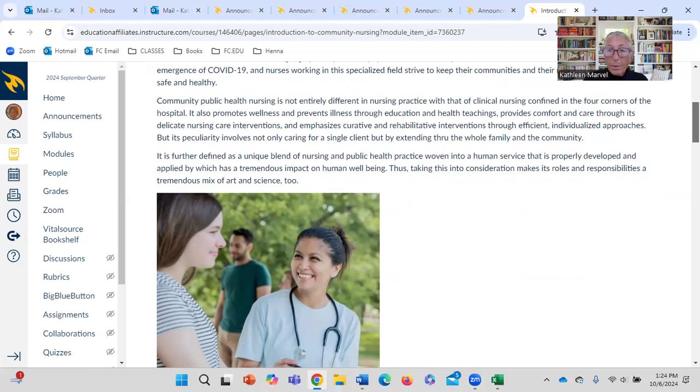If you're community-based, you're working in the community. You may be a hospice nurse, school nurse, occupational nurse. Community-oriented, you're looking at the big picture.